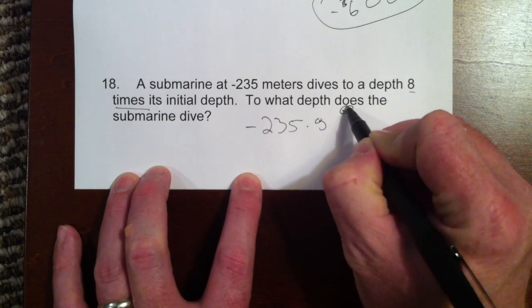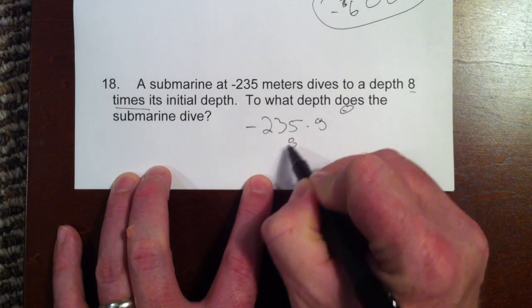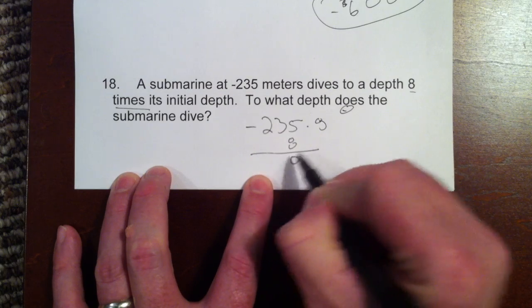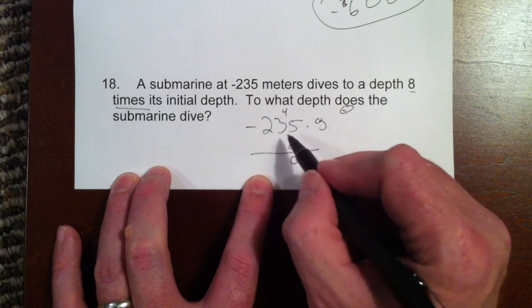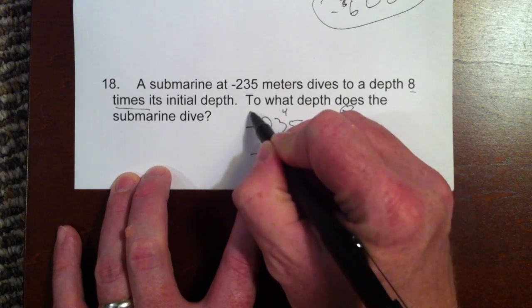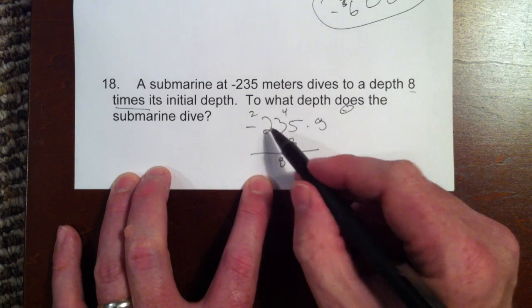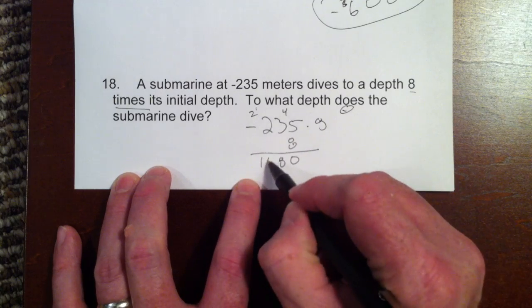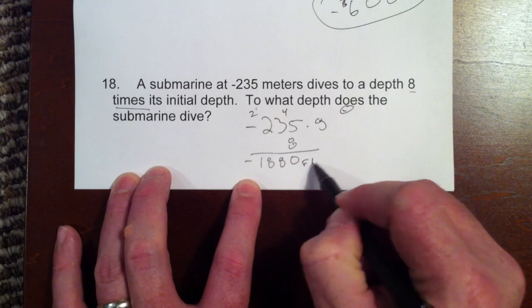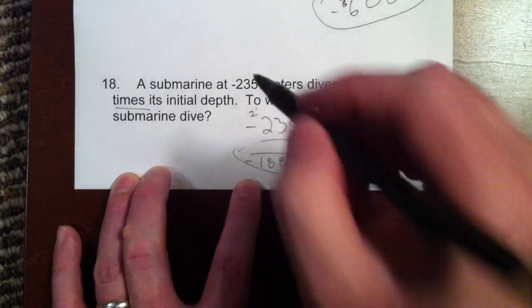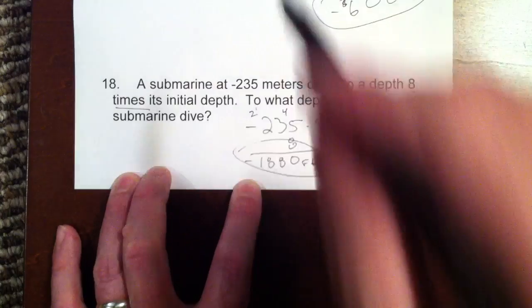The answer is going to be negative. So 235 times 8, that's 40, carry the 4. 8 times 3 is 24, plus 4 is 28, carry the 2. 8 times 2 is 16, plus 2 is 18. 1,880 feet negative. Don't forget your unit of measure. And don't forget that this is talking about negative elevation.